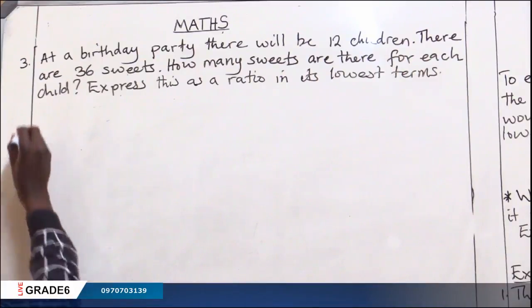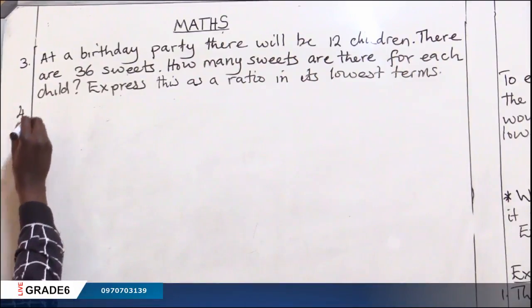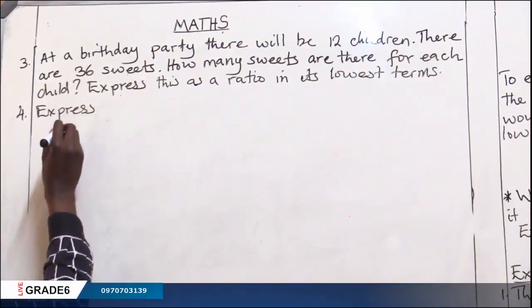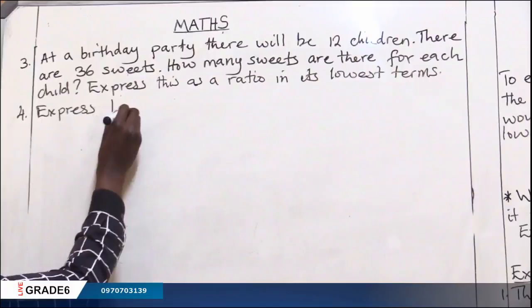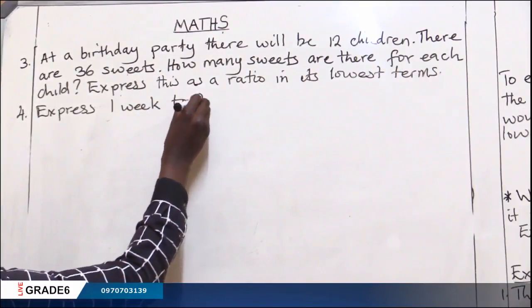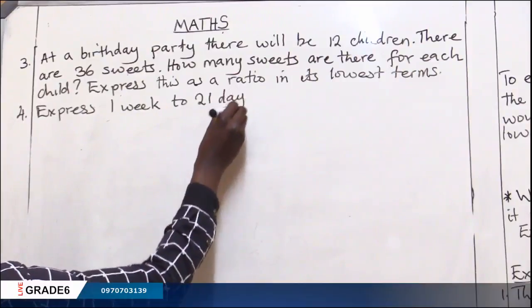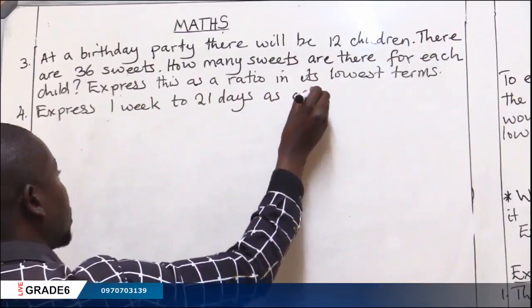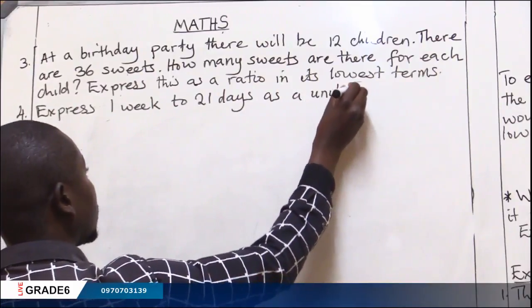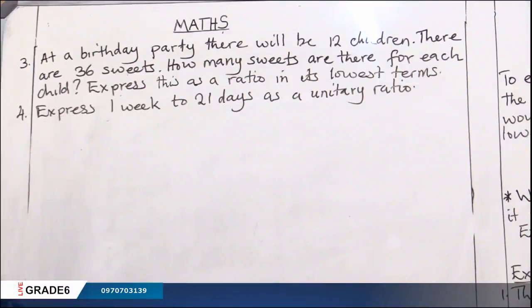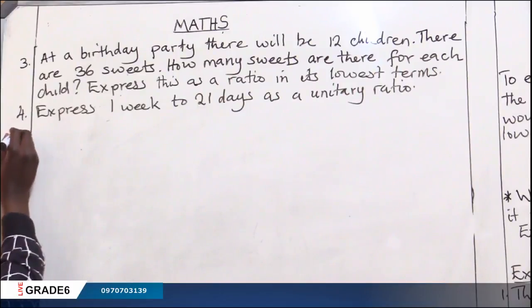Okay, number 4, express 1 week to 21 days as a unitary ratio.